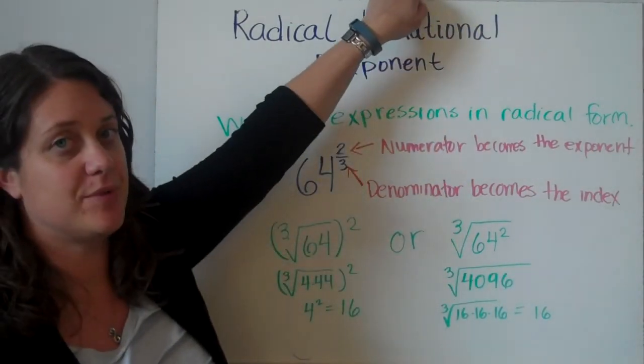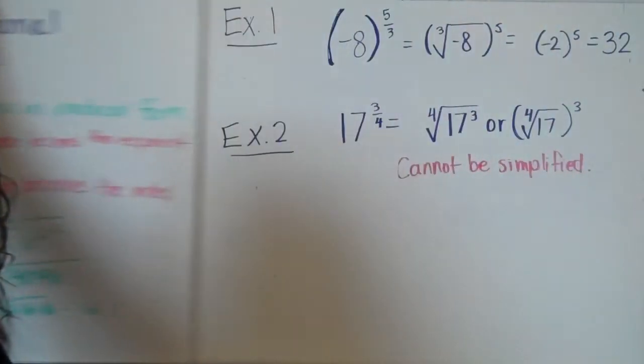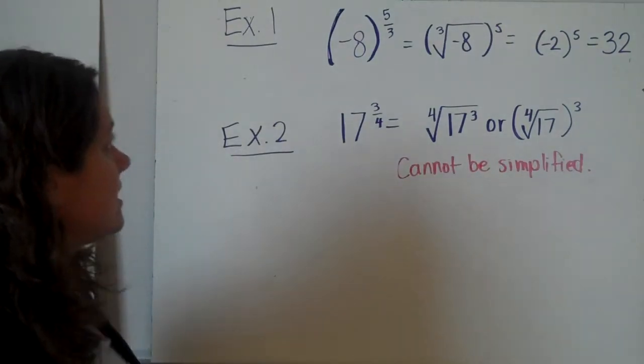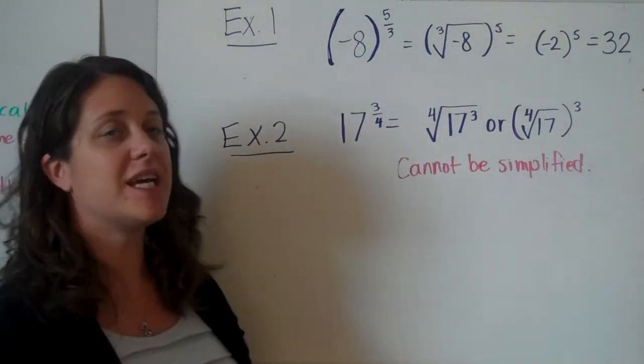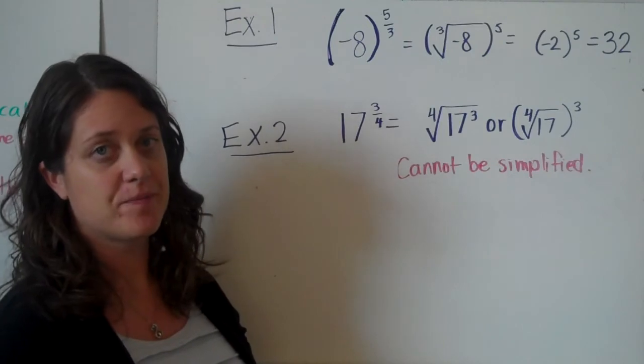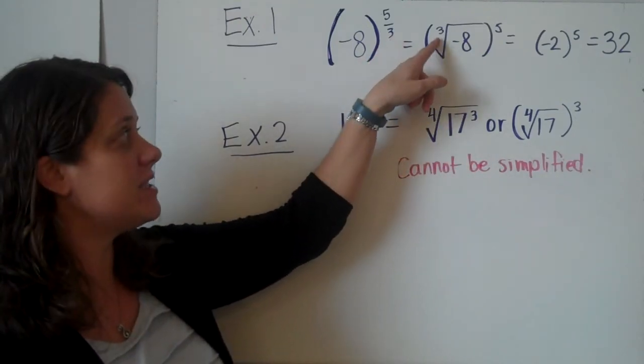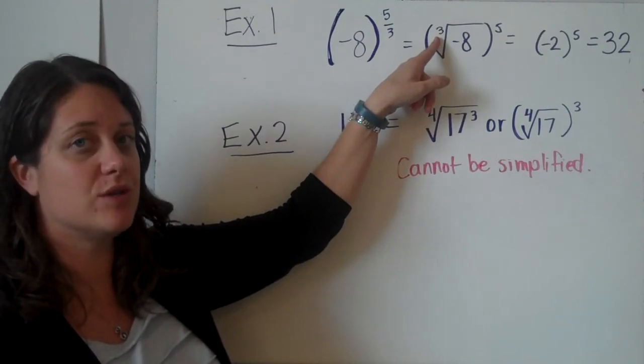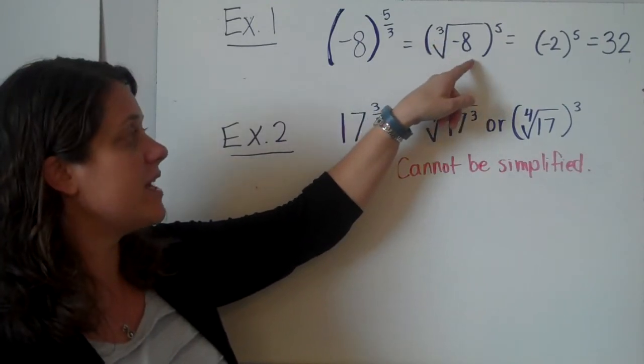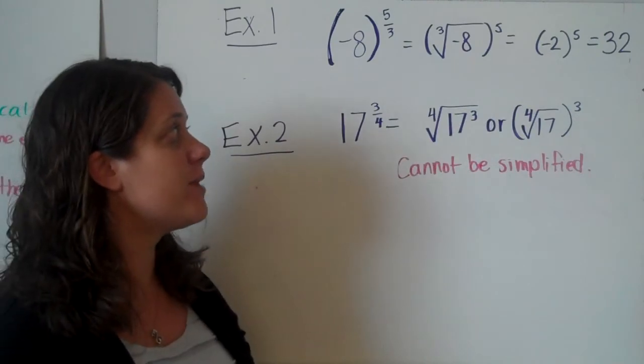So let's look at some examples. Example 1. If we have negative 8 to the 5/3, we know that the 3 becomes the index. You can see we write it right in here, so it's the third root, and then we write the negative 8 in here, and then we raise it to the 5th power.